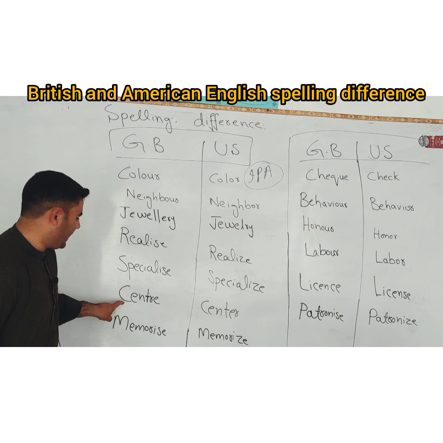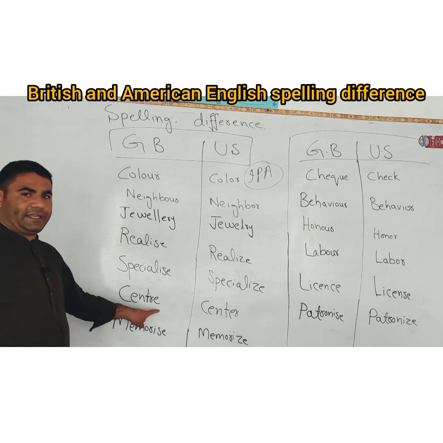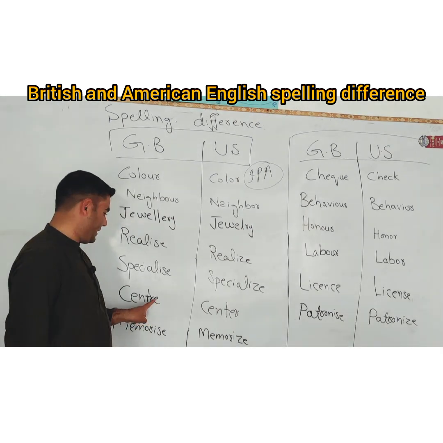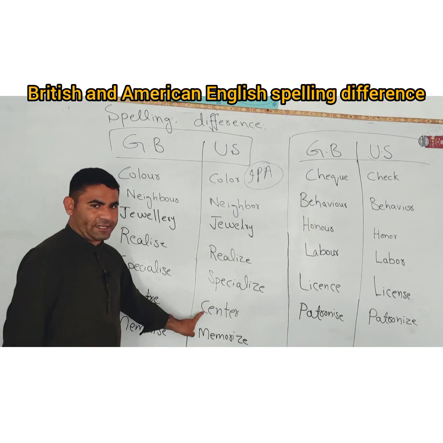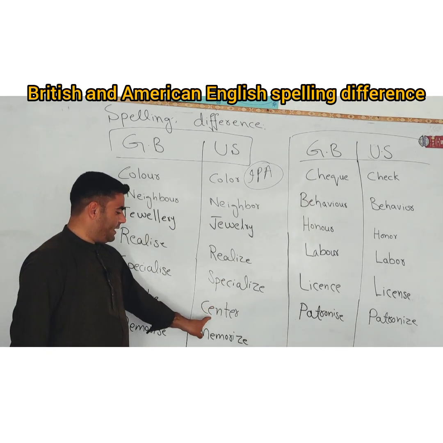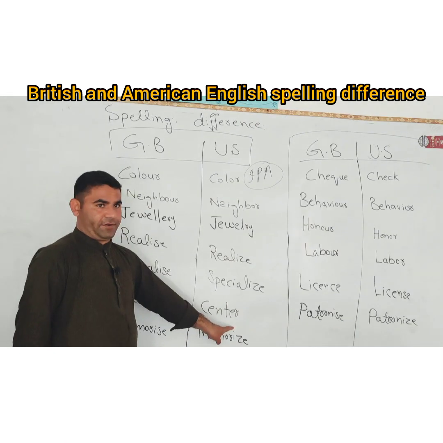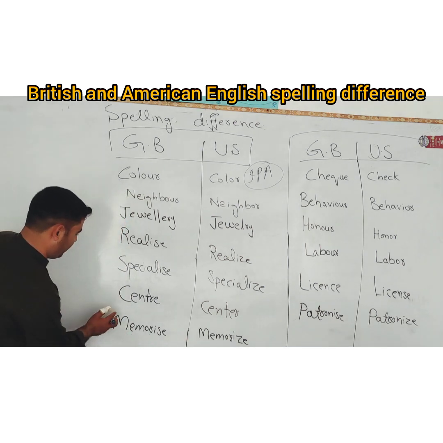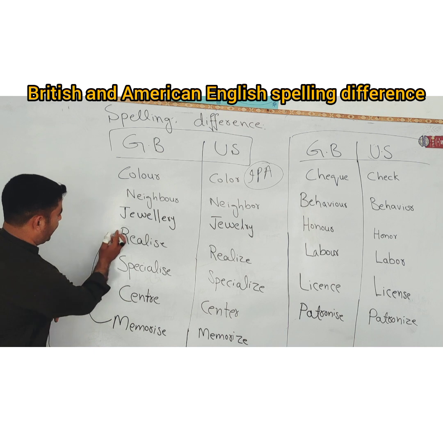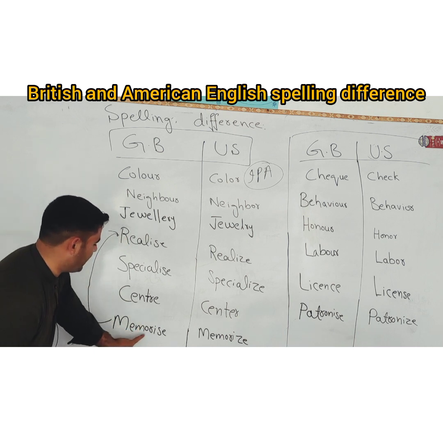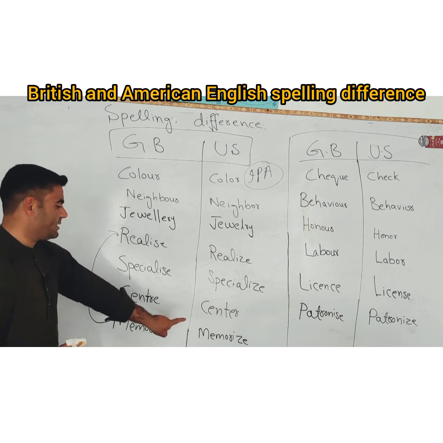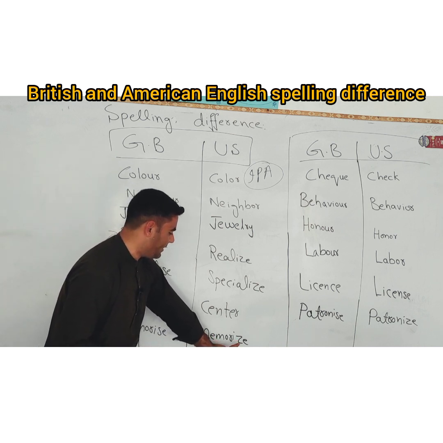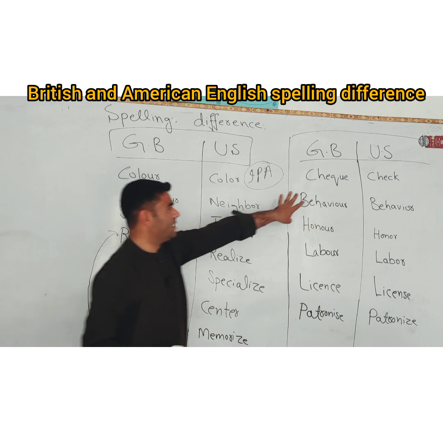Centre, C-E-N-T-R-E, British. In British it is R-E. In American, center, C-E-N-T-E-R. Then memorize, same, I'll just match it with realize, because in British English it ends with S-E, and in American English it ends with Z-E.